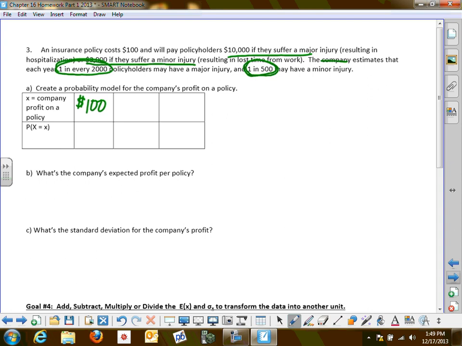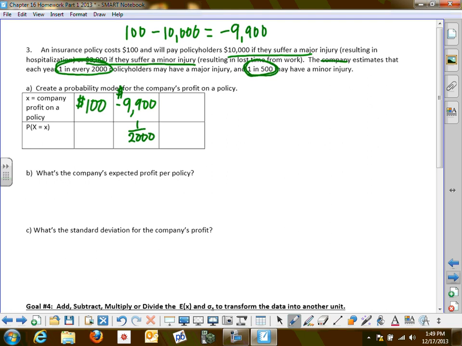If I pay you for a major injury, I lose $9,900. Why $9,900? You gave me $100. I gave you $10,000. I am out $9,900 as the insurance company. And how often are they out $9,900? 1 out of every 2,000 clients.